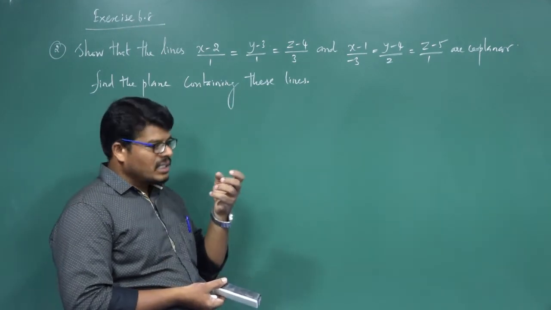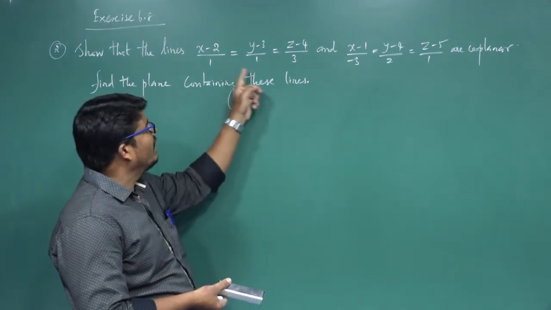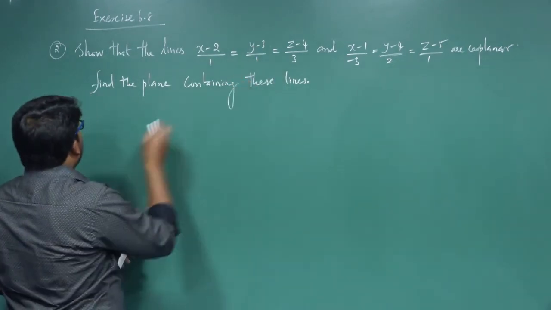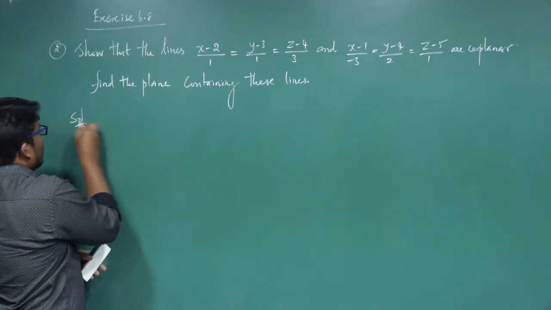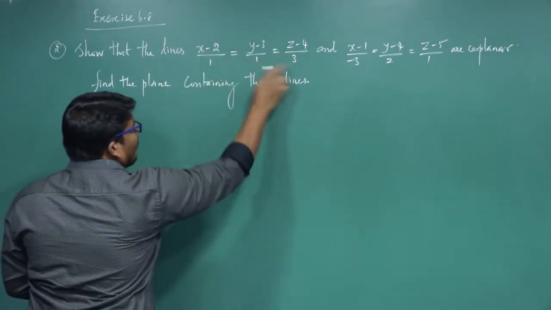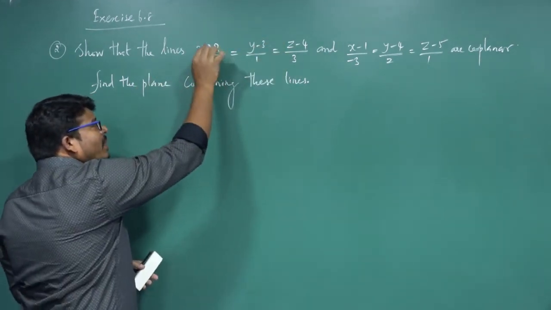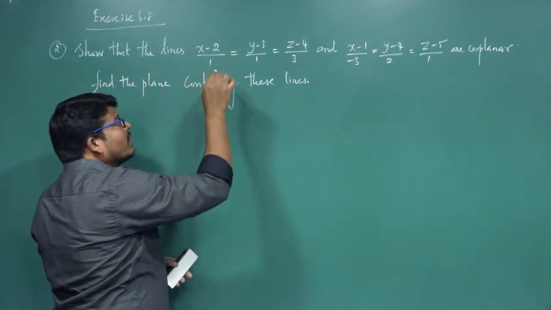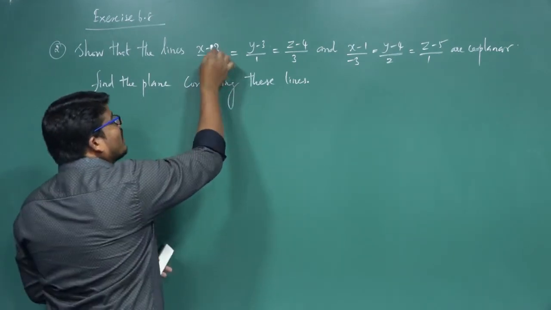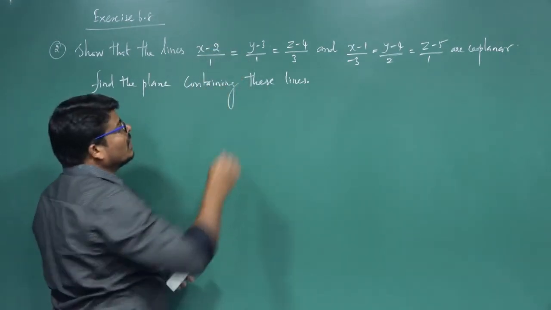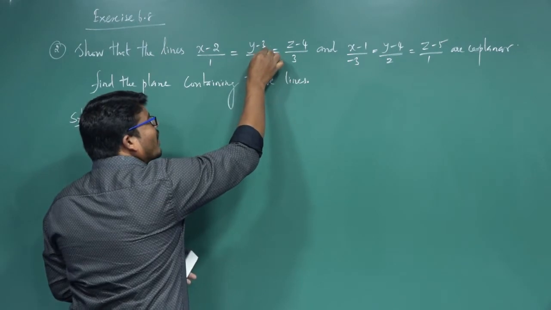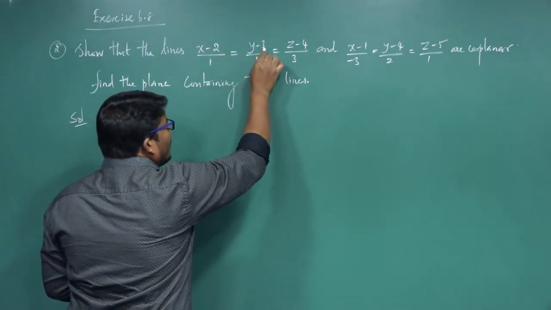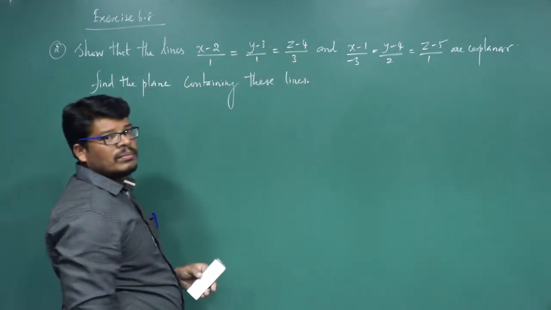First, show that the two given lines are coplanar. In Cartesian form, the numerator gives the points and the denominator gives the direction ratios. For the first line, x minus x1 is x minus 2, so x1 is 2, y1 is 3 and z1 is 4.